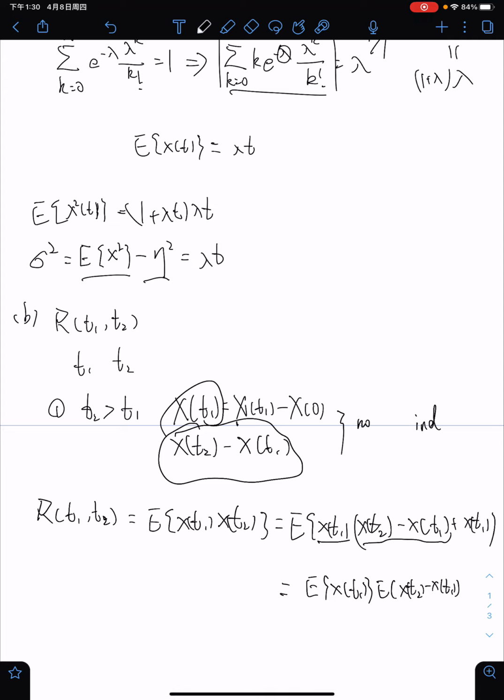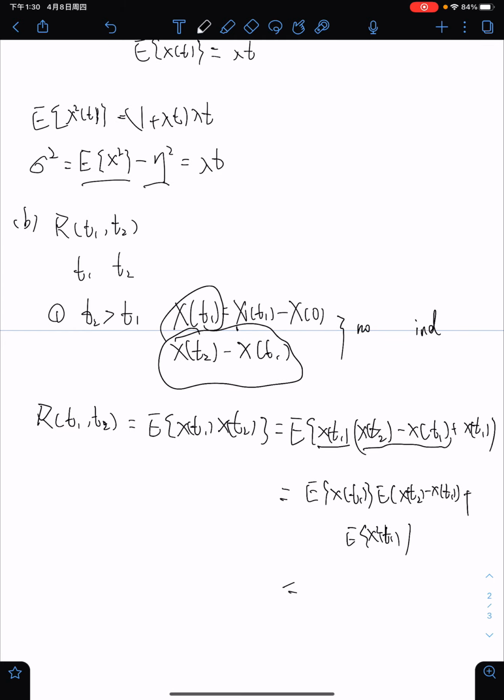Okay, this is the first part. The second part is X(T1) times X(T1) plus X squared(T1), the expected value.